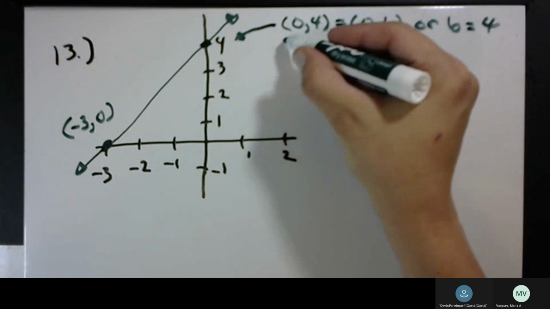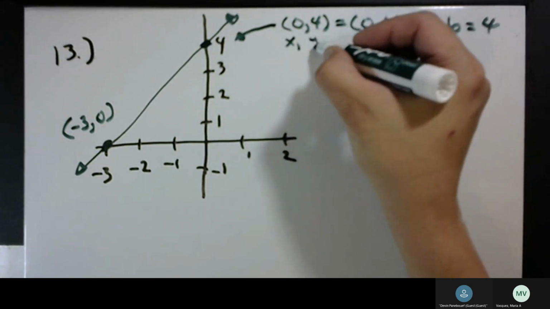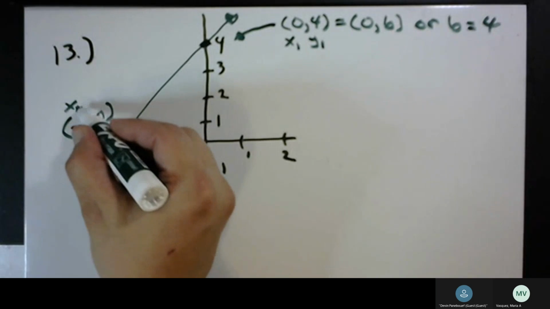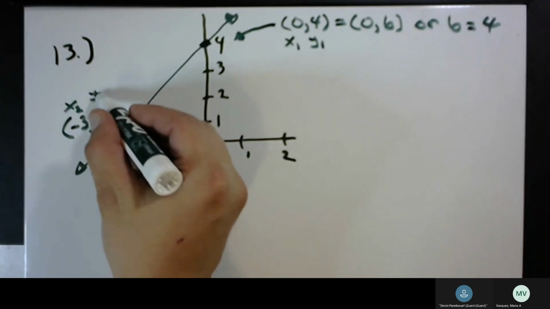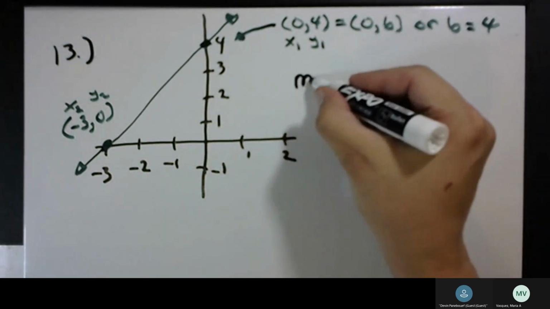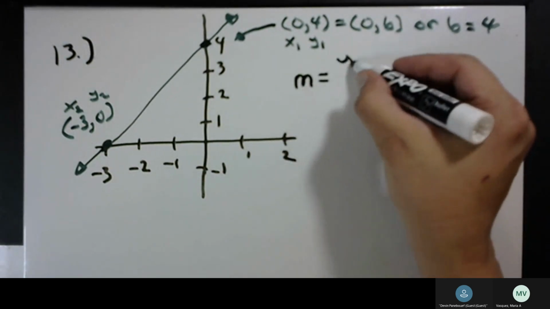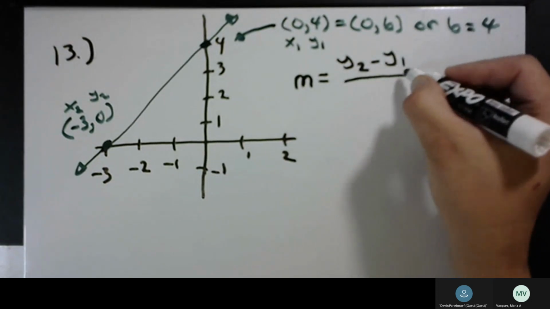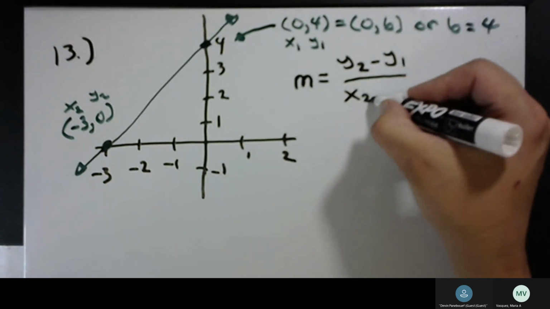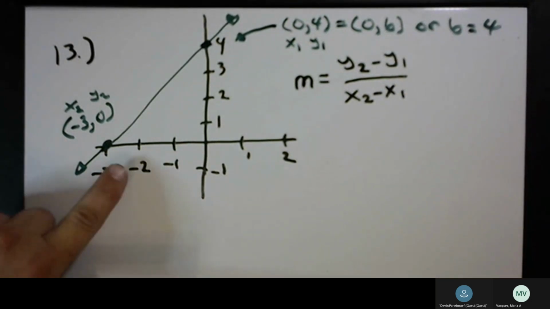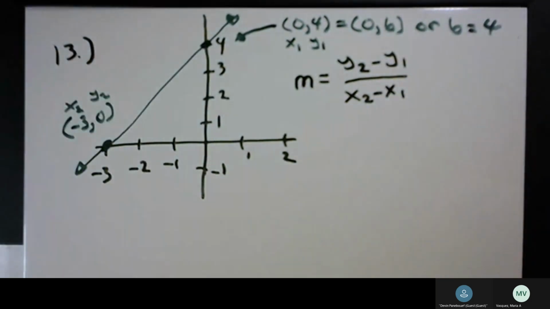So I'm going to let this be the x1, y1. This is the x2, y2. So what they've done, they've only given us this line that passes through these 2 points.